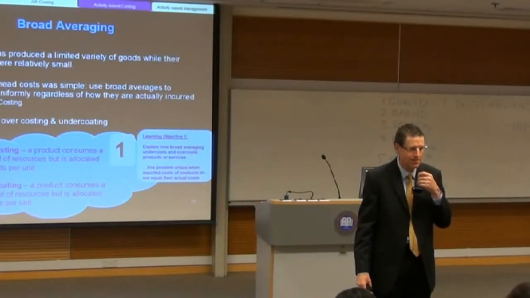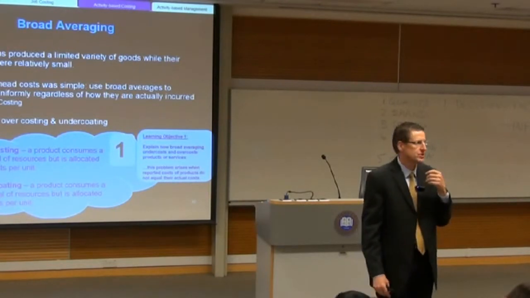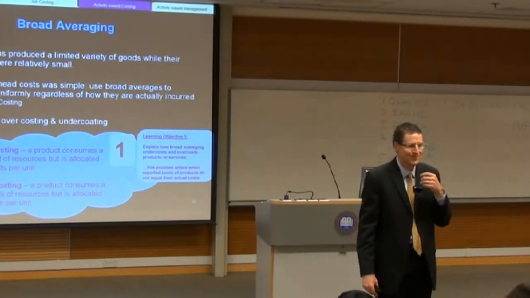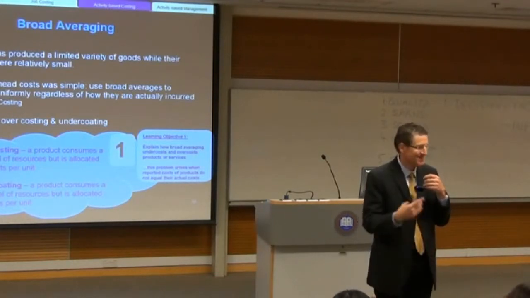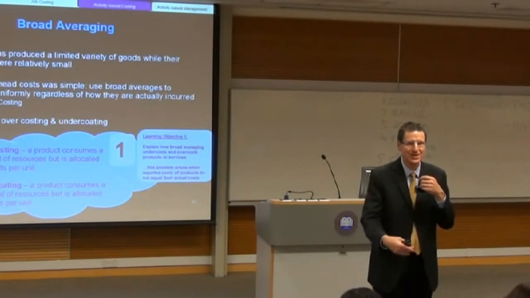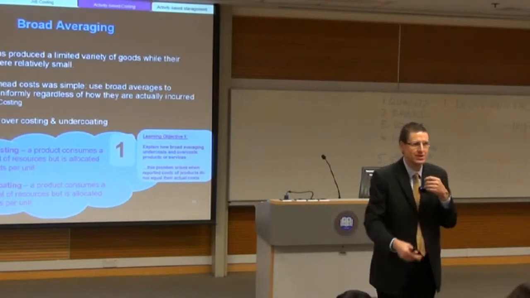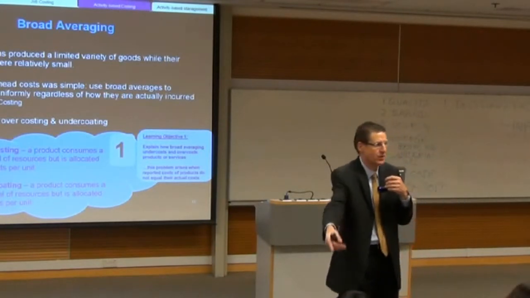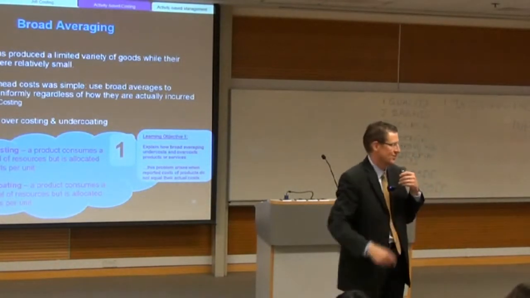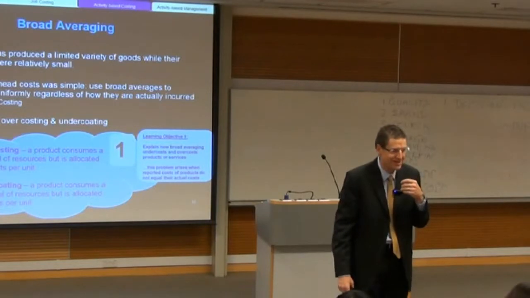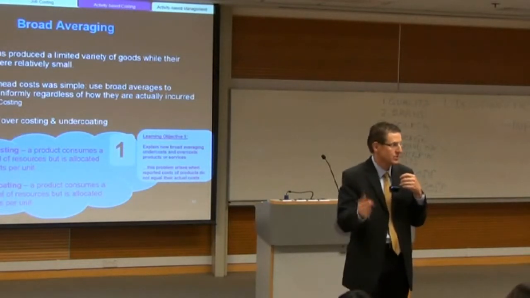According to the time consumed by one product. Okay, and so electricity is going to be used up by what? Machines. Machines use electricity. If Apple's using more electricity than Nokia and other manufacturers, then they should be allocated more of the electricity costs, right? You with me? Cause and effect.